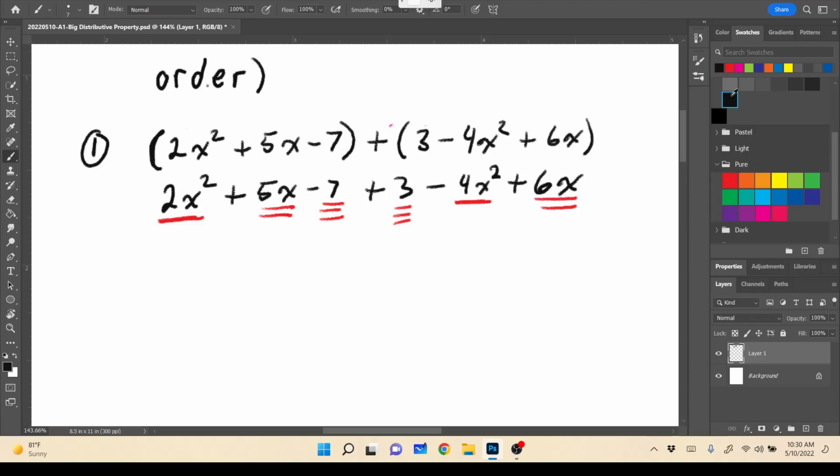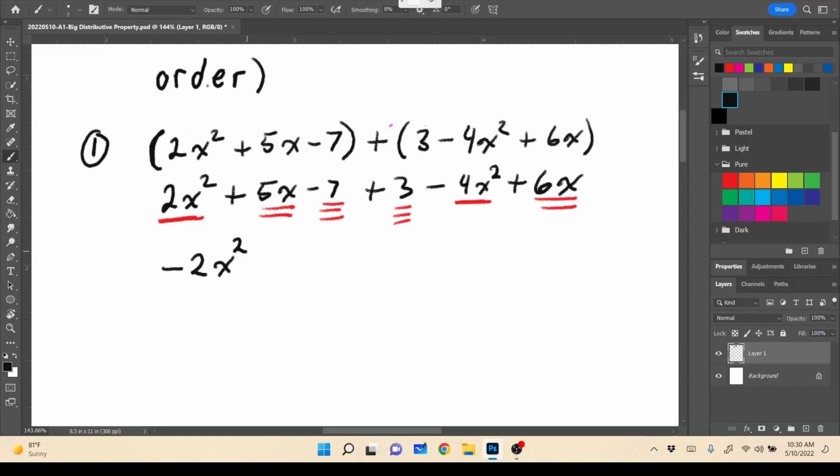So what's 2x squared minus 4x squared? Why minus? Because it's negative. It is negative 2x squared, yes. Negative 2x squared? Yes, because 2x squared minus 4x squared is negative 2x squared.